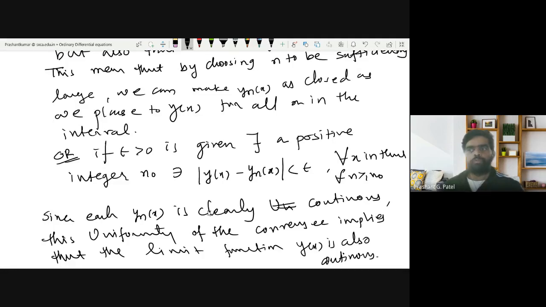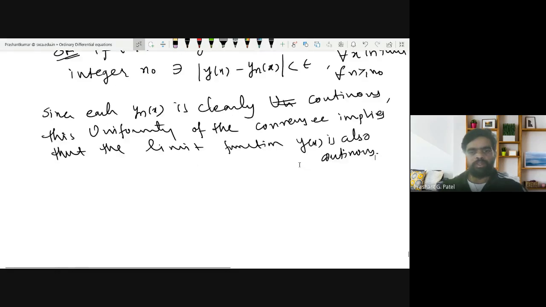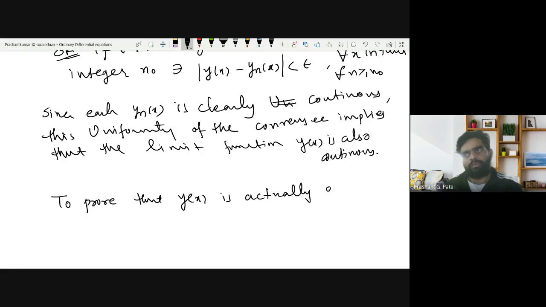So it proves that I have to prove now it is continuous and it is the solution of equation 2. So now we need to prove that y of x is actually a solution of that integral equation, which we have denoted as 2.